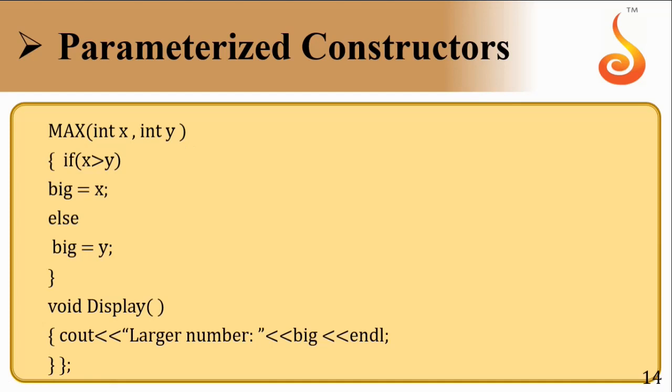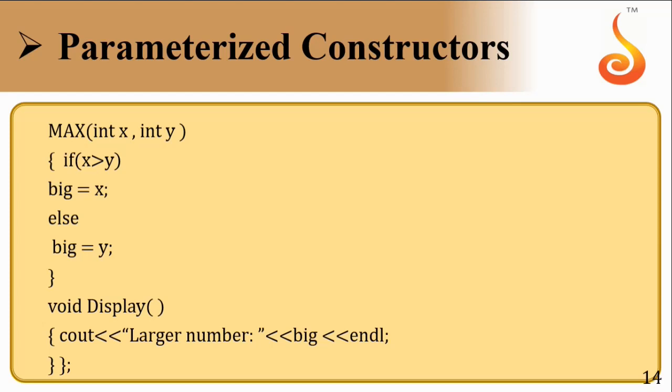Inside, what am I doing? If x is greater than y, big. Big is the data member of the class which is going to store an integer value. Same way x and y are integers, so definitely the output also will be an integer. So I am saying if x is greater than y, big is equal to x, else big is equal to y.